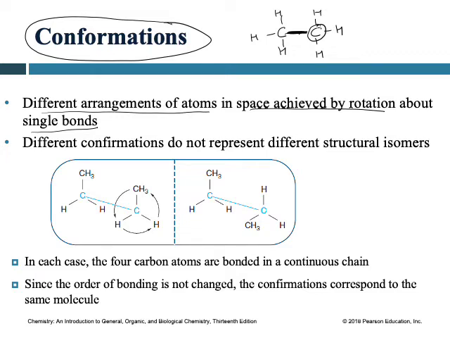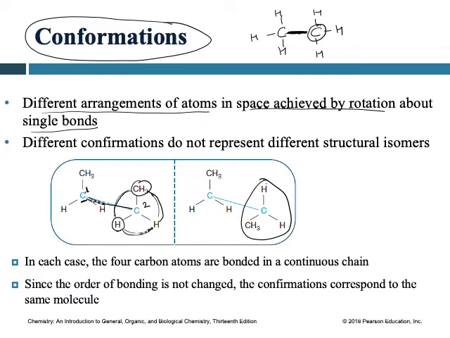You can rotate the other carbon atom that is attached to the carbon atom. Take this example. This is the first carbon, this is the second carbon. If you fix this carbon and then rotate the second carbon through this single bond axis, what's going to happen is that CH3 is going to come over here, and the H will go over here, and H will replace CH3. If you can see in this structure, you rotated the carbon.